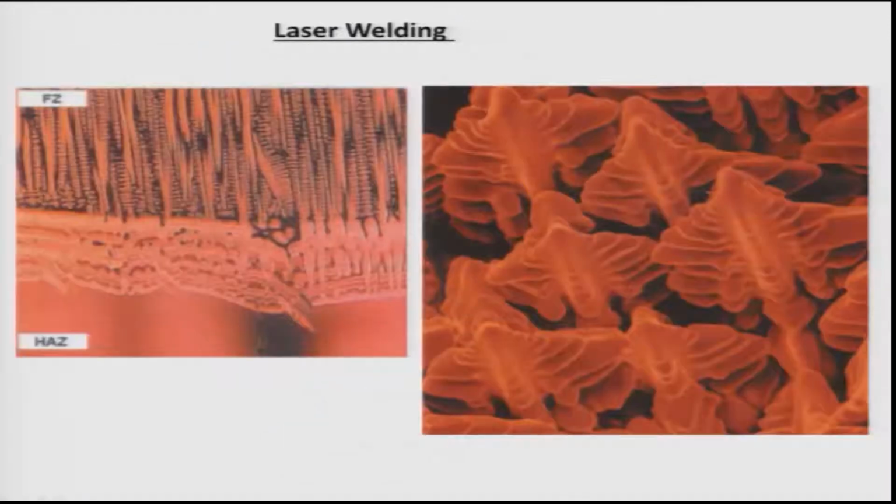All these industrially important processes require you to understand solidification. You see here the different zones of the weld. This is the fusion zone, in which you have formed certain geometrically important features known as dendrites.